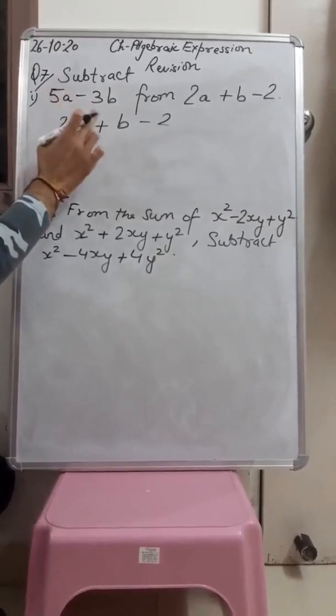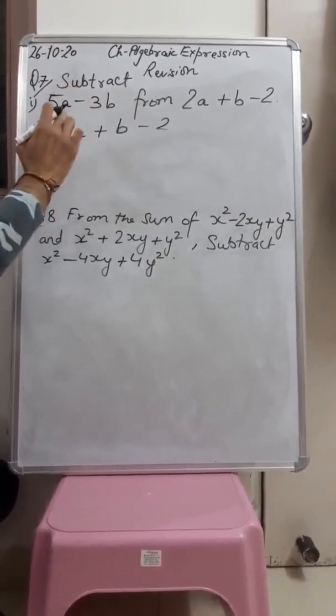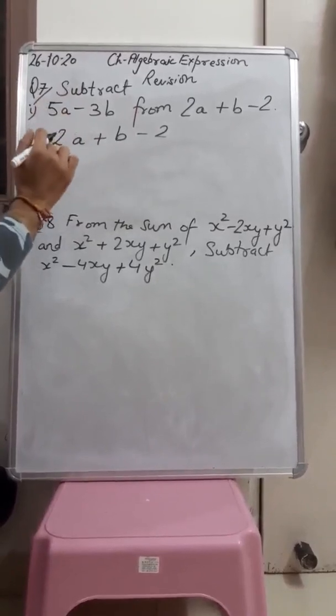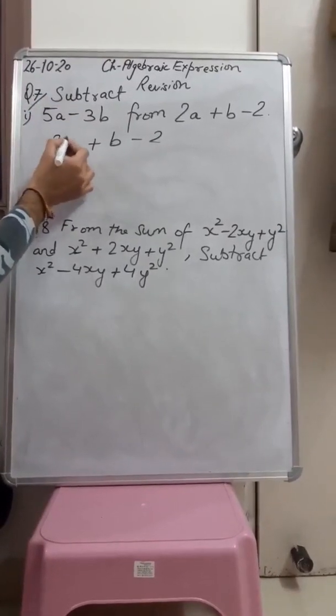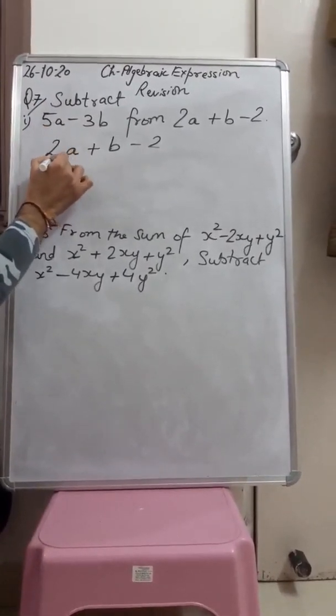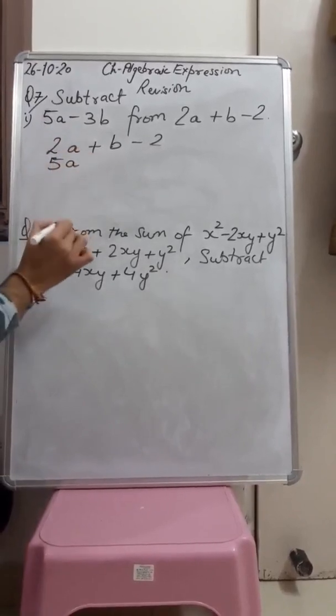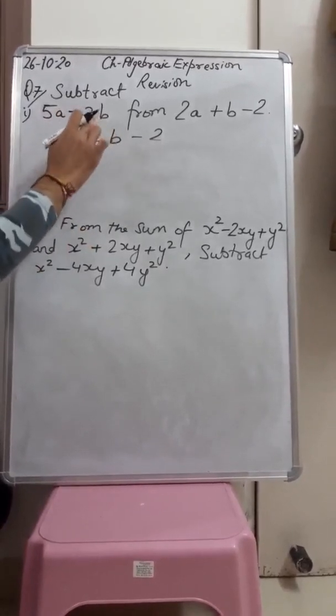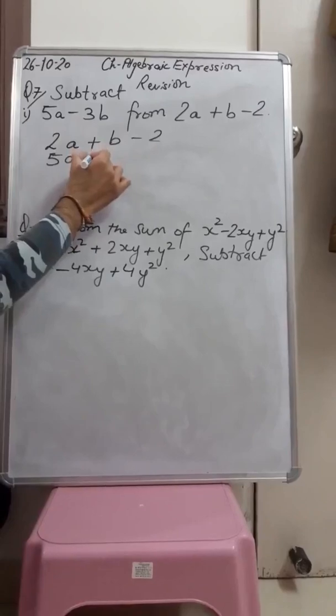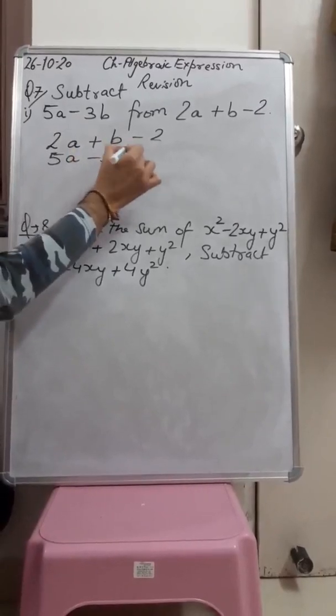When subtracting algebraic expressions, like terms should come under like terms. That means under 2a comes 5a, and under plus b comes minus 3b.